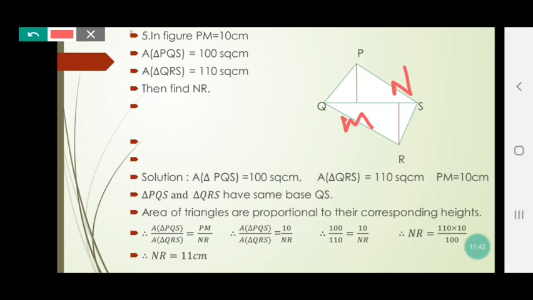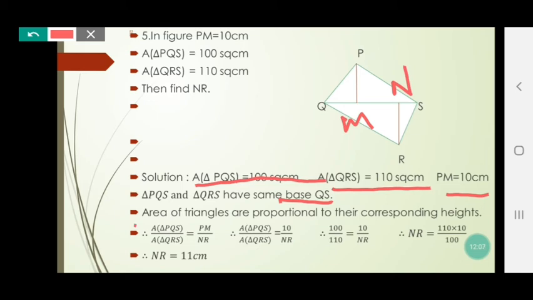So here solution. Area of triangle PQS is 100 square centimeter. Area of triangle QRS is 110 square centimeter. PM is given to us as 10 centimeter. Okay. Now, as I have told you, their bases are equal. Both the triangles. The common base is QS. Fine.